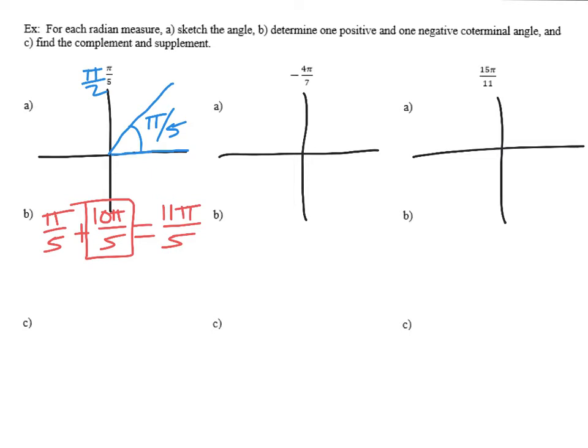I need to add 2 pi to get a coterminal, right? In this case, it would be like going all the way around and then getting back to the same spot. But I need it to be in terms of the denominator of 5. If I subtract it, I should get a negative. And I do, okay?